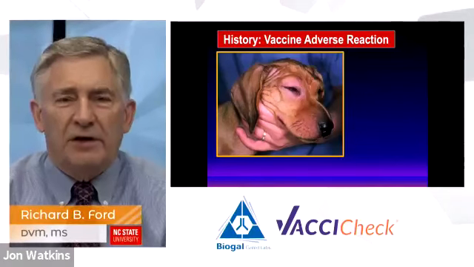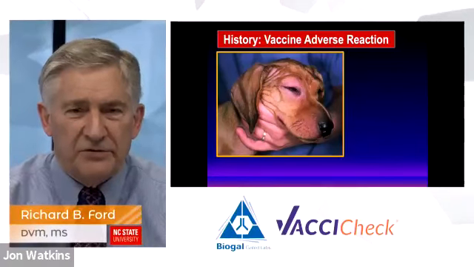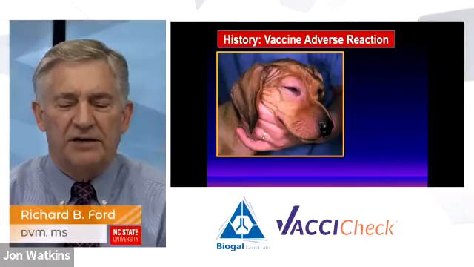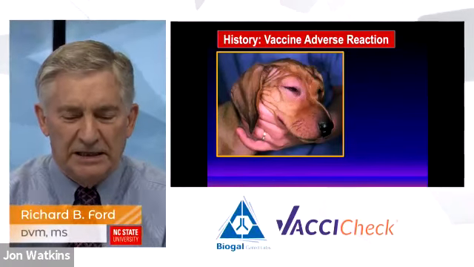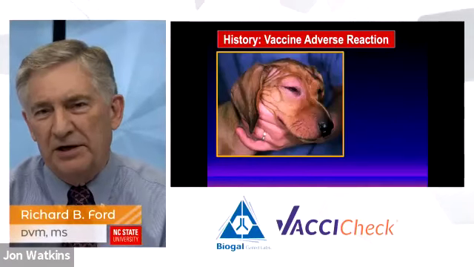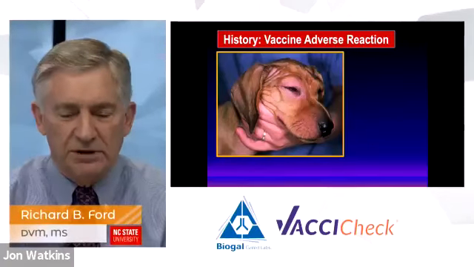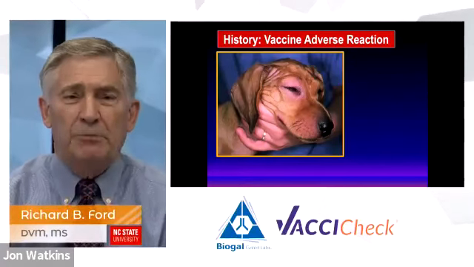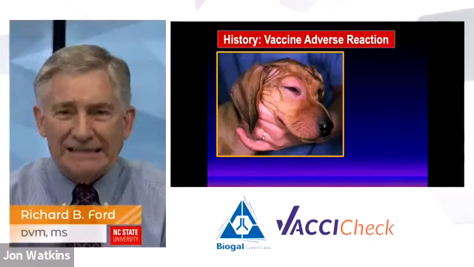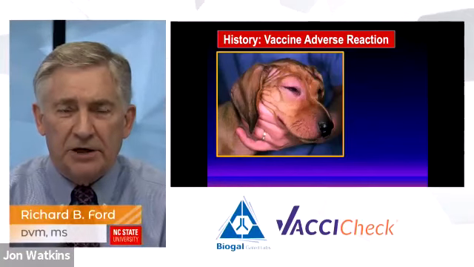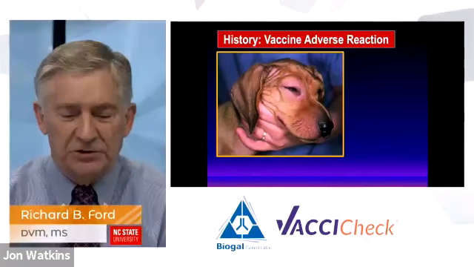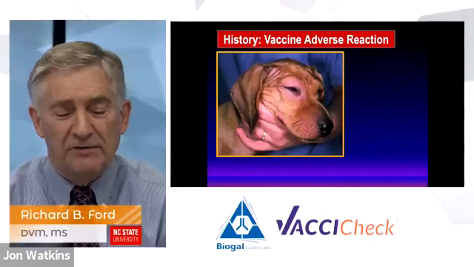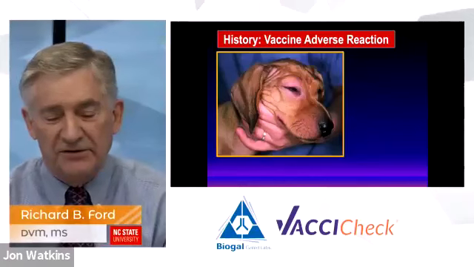Now, here's another, I think, very valid reason to test versus vaccinate. This is a patient that's got a history of an adverse reaction. In the patient demonstrated here, I think most of you have probably encountered angioedema, an acute type 1 anaphylactic, local anaphylactic reaction following vaccination associated with edema or angioedema of the head, ears, and the face.